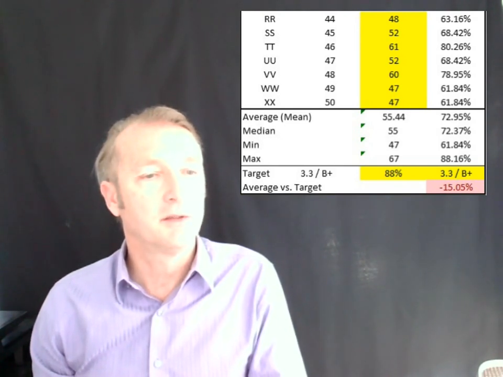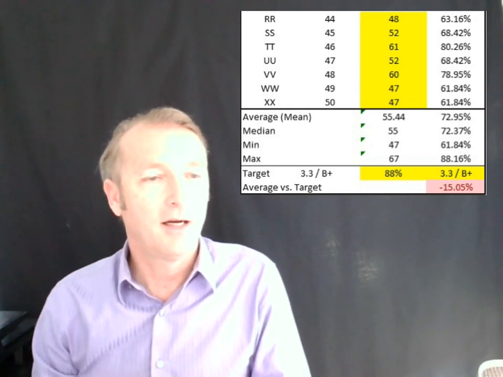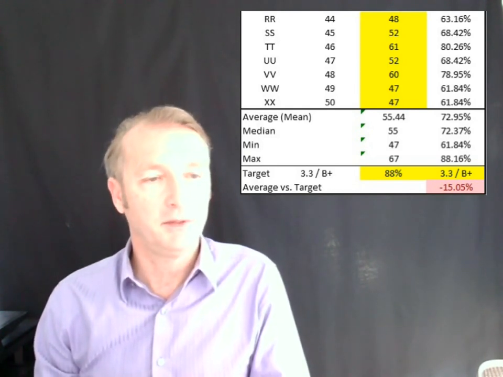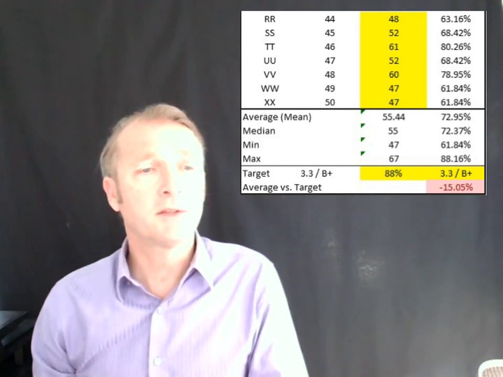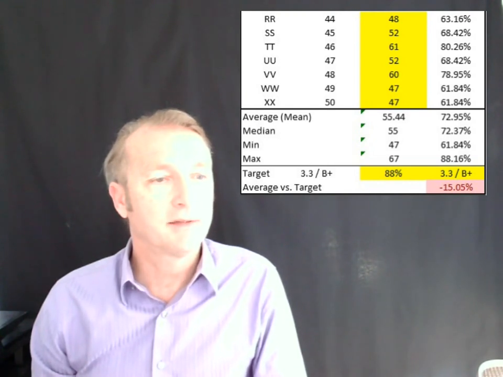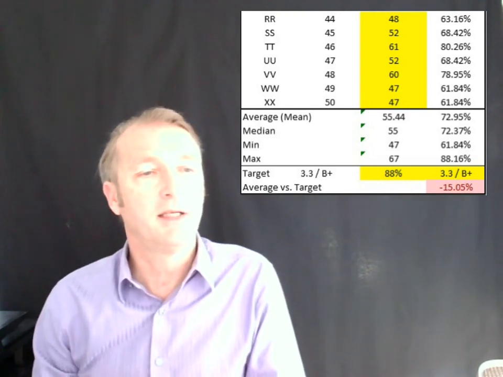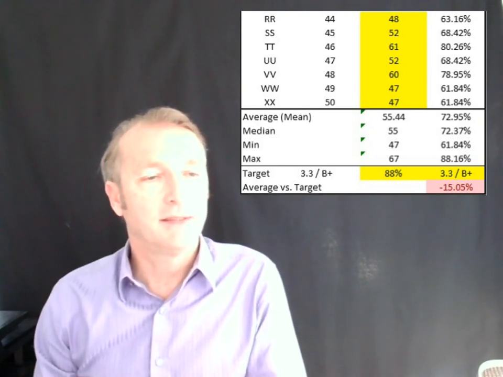The target was 88, so you can see that we are 15% lower than the target. So definitely we need to curve the grades. So how do we do that? Well, the standard way to do it is to take your maximum score, and in this case, the maximum score in terms of percentage is 88.16.